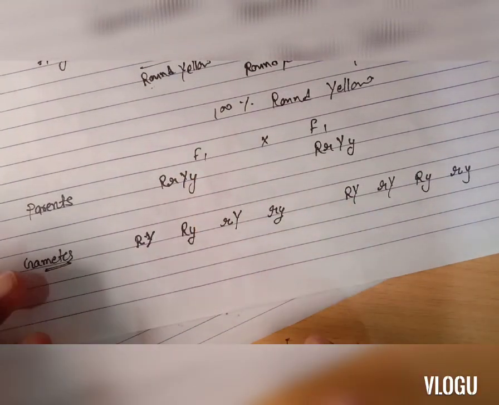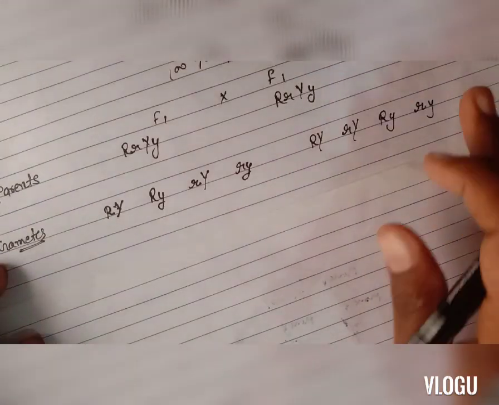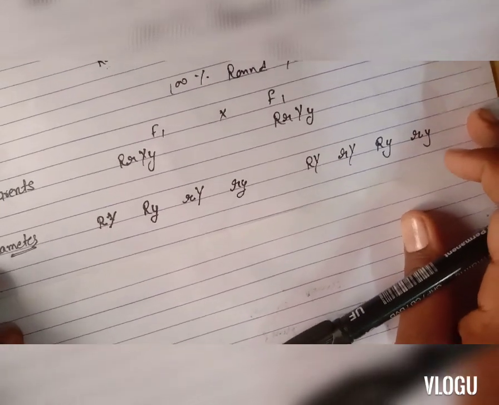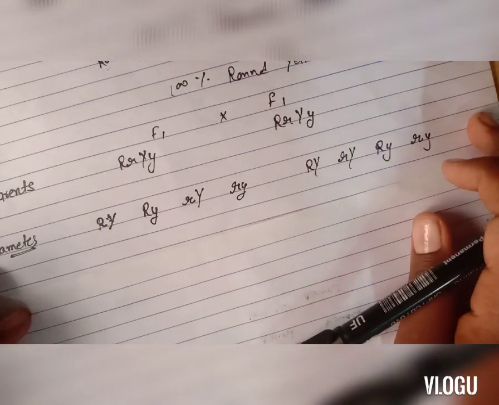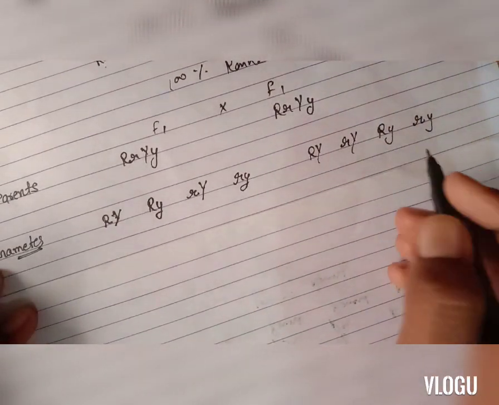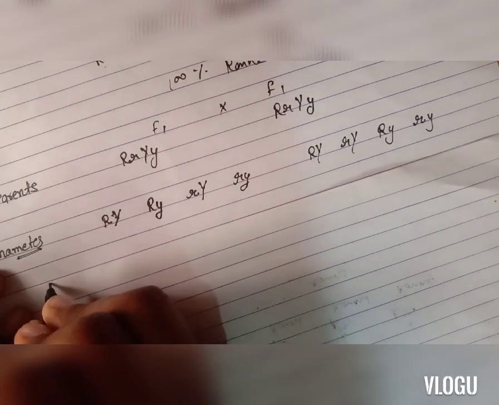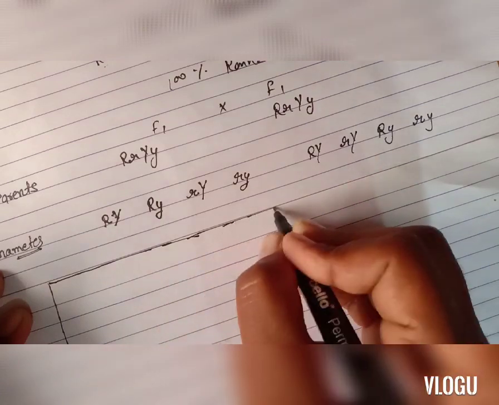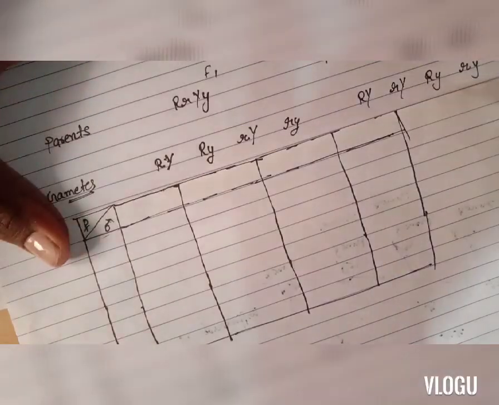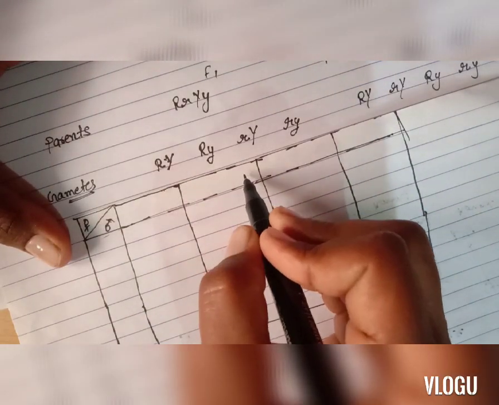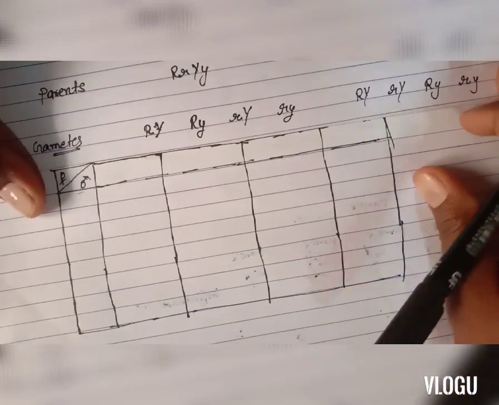Now calculate the F2 generation. Here we will form a Punnett square to study the F2 generation progenies, because here 16 different types of progenies are going to form. Now for making the Punnett square, you have to make a box, something like this. Here we will write all the gametes for one parent, and here we will write the gametes of the other parent.